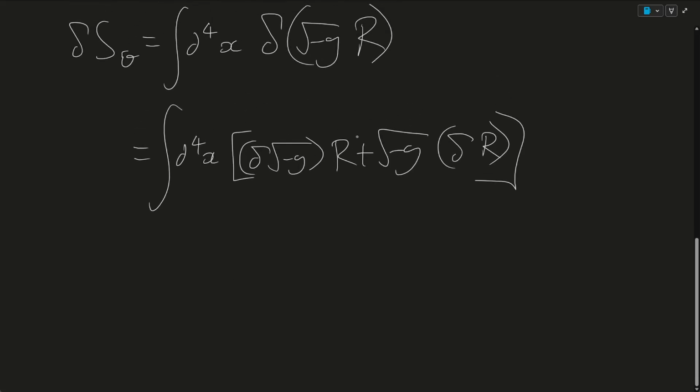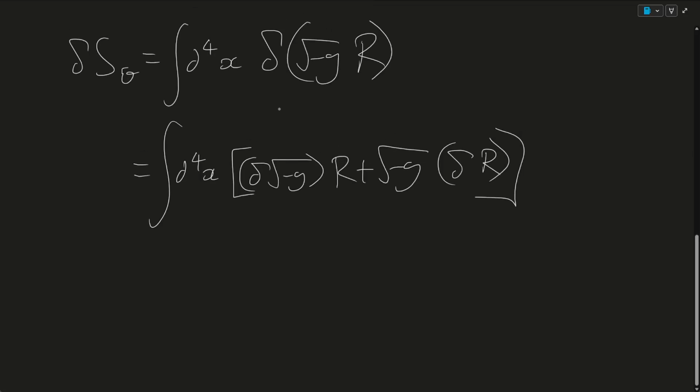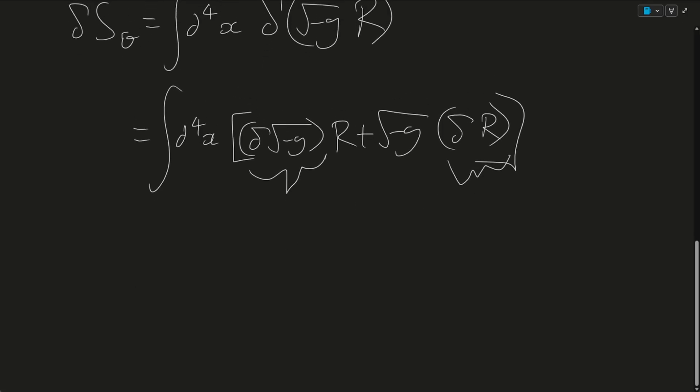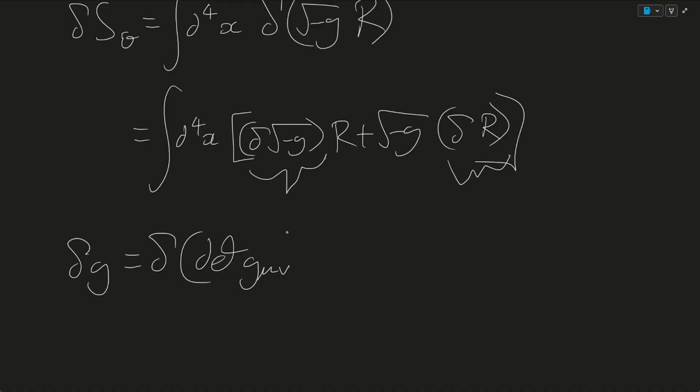So what I'd like to do is evaluate this separately and this separately, because that's doable. So we'll begin with the variation of the determinant. First of all, we'll come up with some variation of just g, and then we can plug in root minus g. So delta g is, of course, delta of our definition of g, which is the determinant of g mu nu.